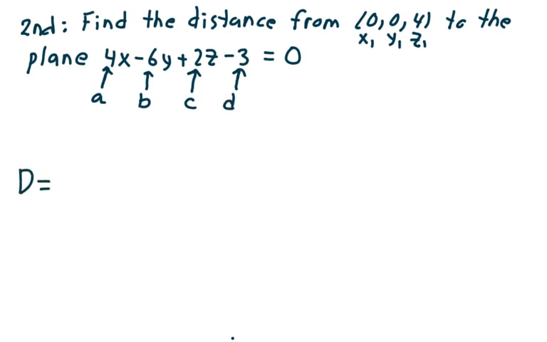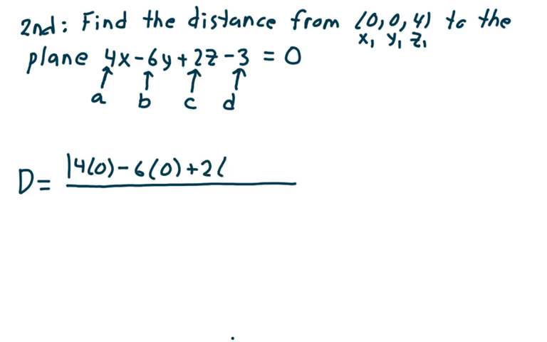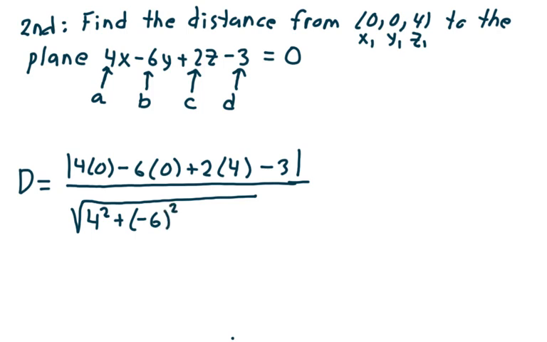So capital D is the absolute value of 4 times 0 minus 6 times 0 plus 2 times 4, minus 3. Remember, this is all in absolute value. And then I'm going to divide by the square root of 4 squared plus (-6) squared plus 2 squared.